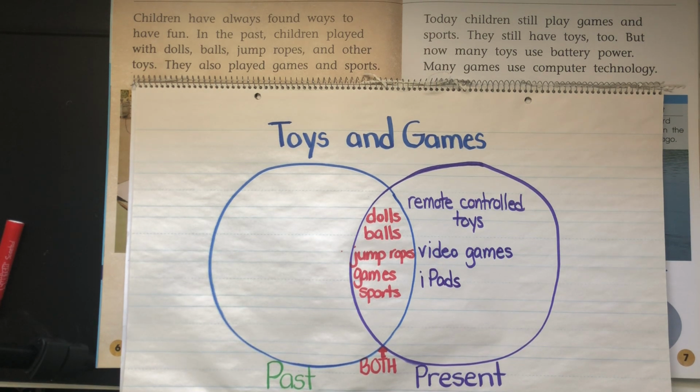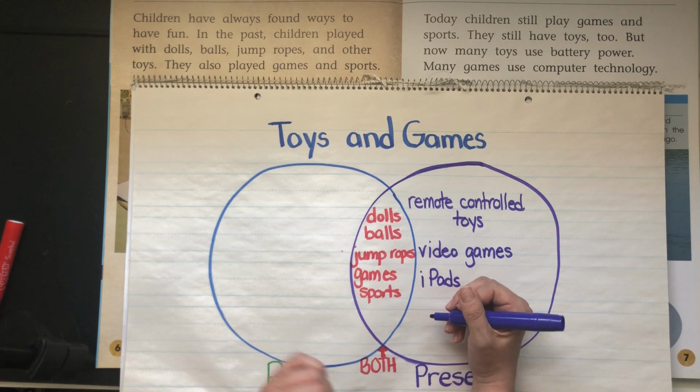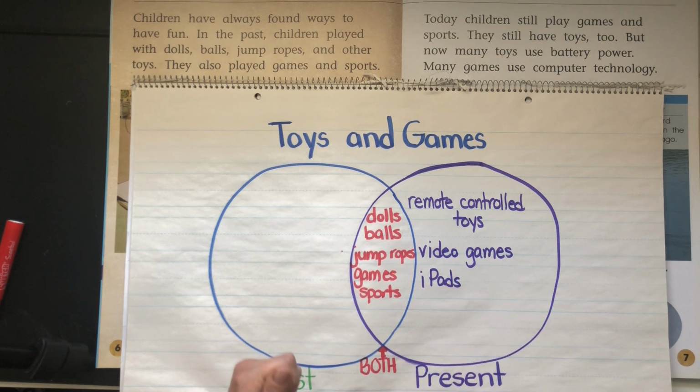What else do you play with that maybe they didn't have? Thinking about it? What might be something else you have that they didn't have? Okay, so some of you are talking about riding vehicles, like you have cars that you can drive that are made for littler kids, or electric scooters.